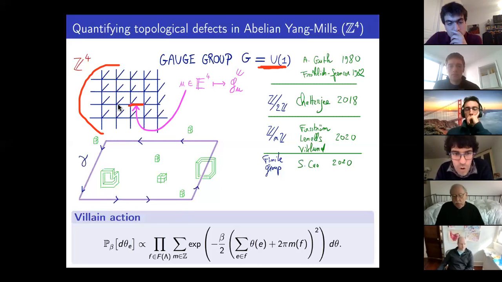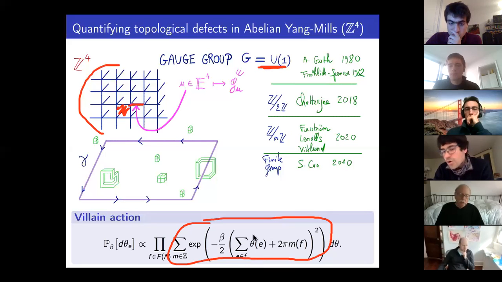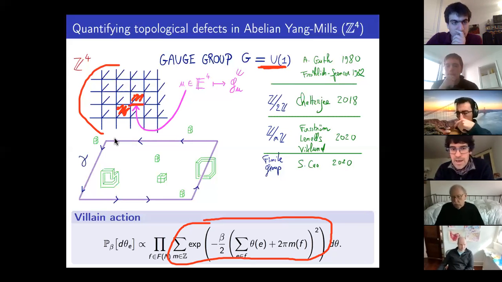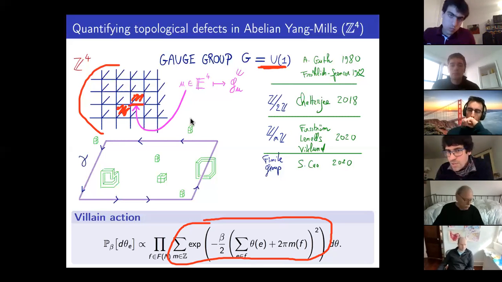It's a product over all plaquettes or all faces F, of, in the classical case, an exponential minus beta cosine. Here it's a periodized Gaussian for our work. But what you take is a curl of the theta, so it's a differential of the theta. But on each plaquette, you don't want to have too much fluctuation in some sense. And this gives you a well-defined Gibbs measure on lattice gauge theory with this abelian group.